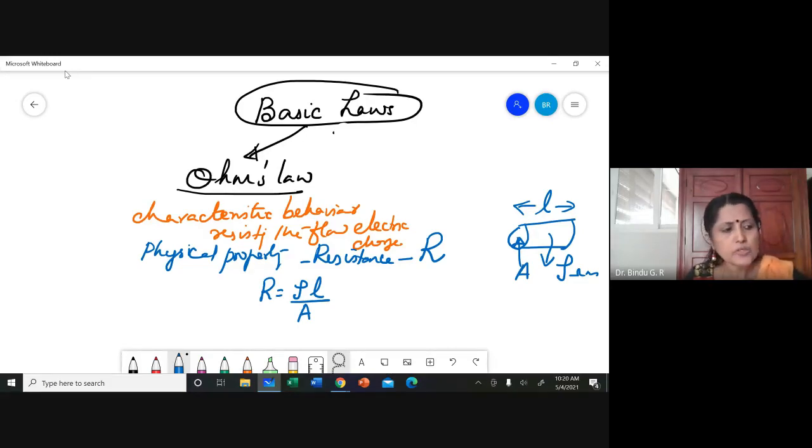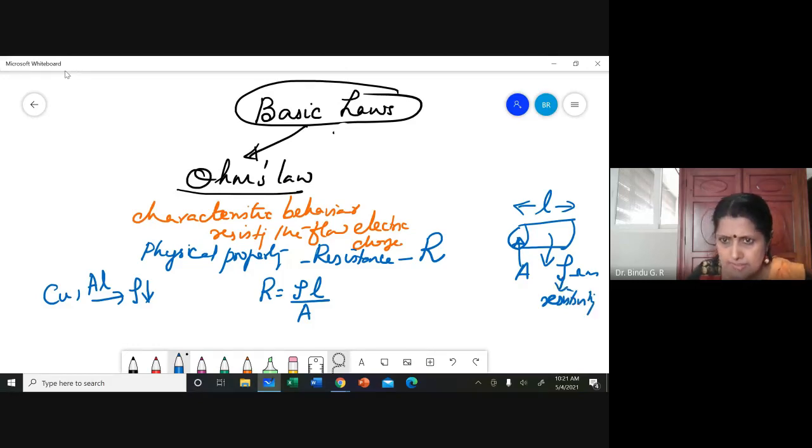Which is actually measured in the lab. Okay, and good conductors like copper, aluminum, etc., as you all know, have very low resistivity. This is called resistivity. For materials like mica, paper, etc., which are insulators, resistivity is very high.